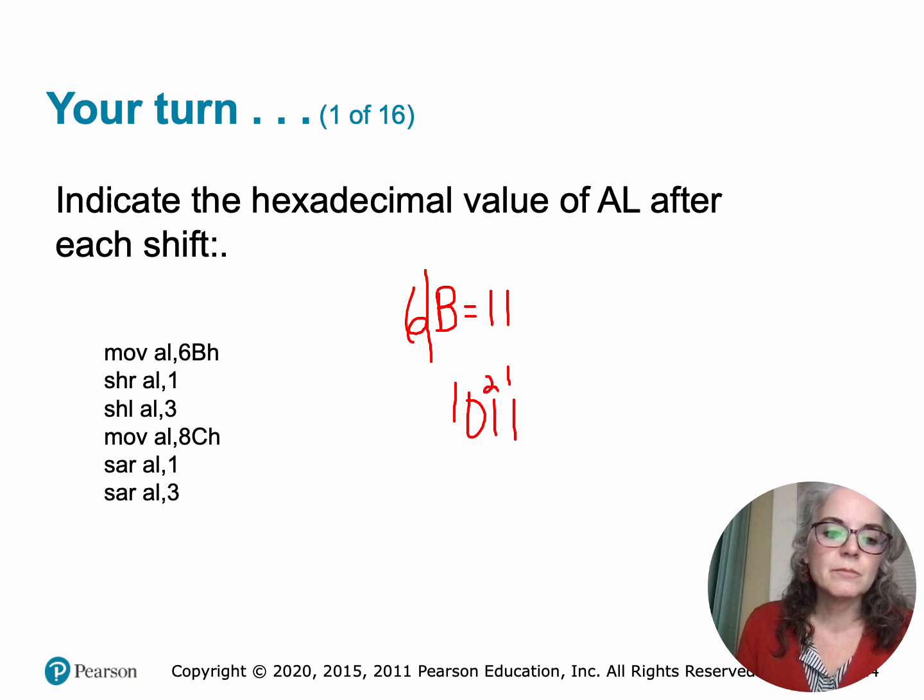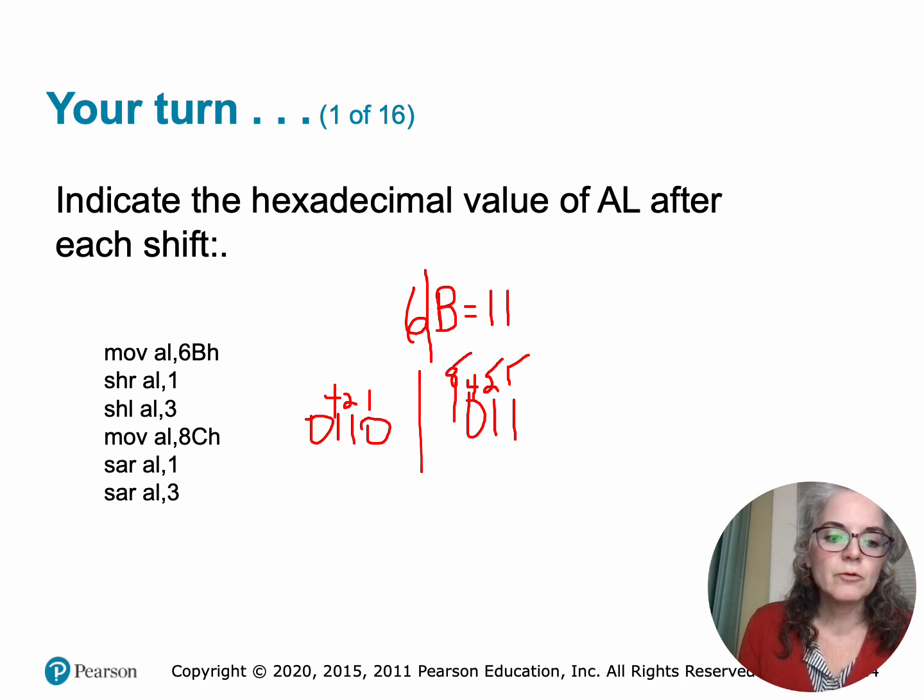This one is worth 4, but we're not using that 4. This bit is worth 8. So you have 8 plus 2 plus 1 is 11. And then to make 6, you just need a 4 and a 2. So it'd be 0, 1, 1, 0. This is worth 1, this is worth 2, 4. 4 plus 2 is 6. Okay, so this is the binary number of 6B.